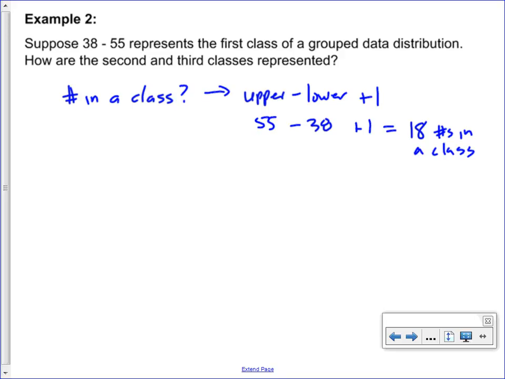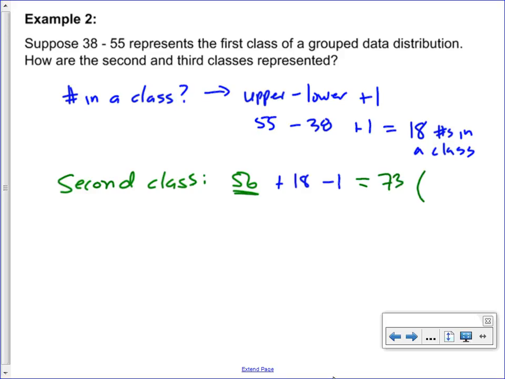So the second class starts at 56, and then you add 18, and then minus 1, which gives 73.